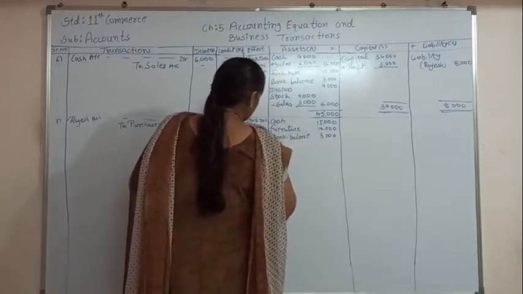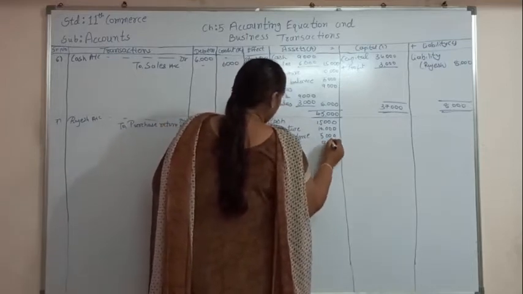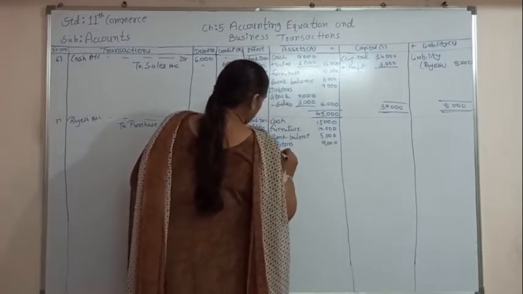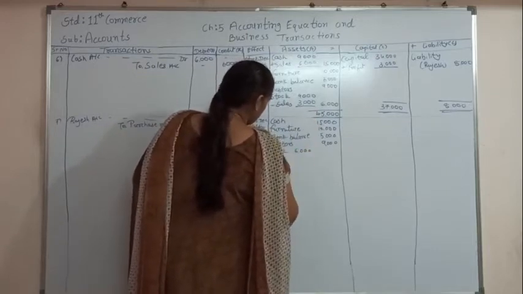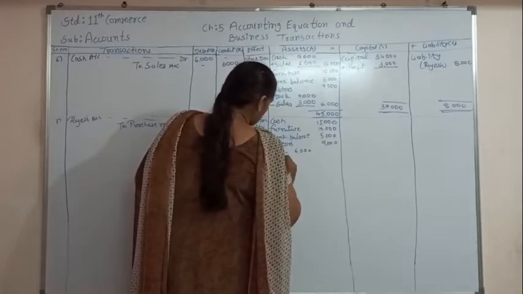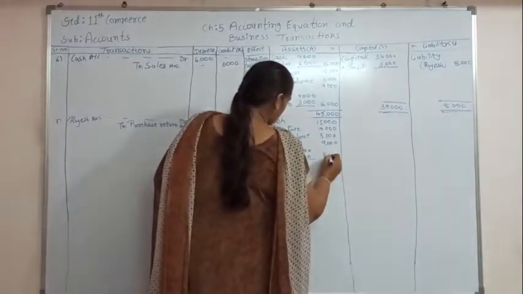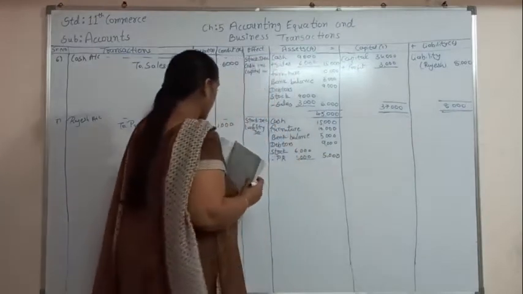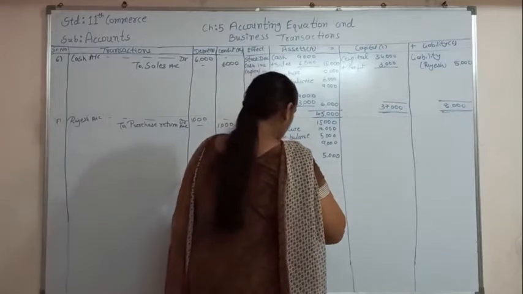Then debtors will be 9,000, and stock is going to be decreased. So 6,000 minus purchase return of rupees 1,000. So stock is going to remain 5,000. So the total of this will be 44,000.